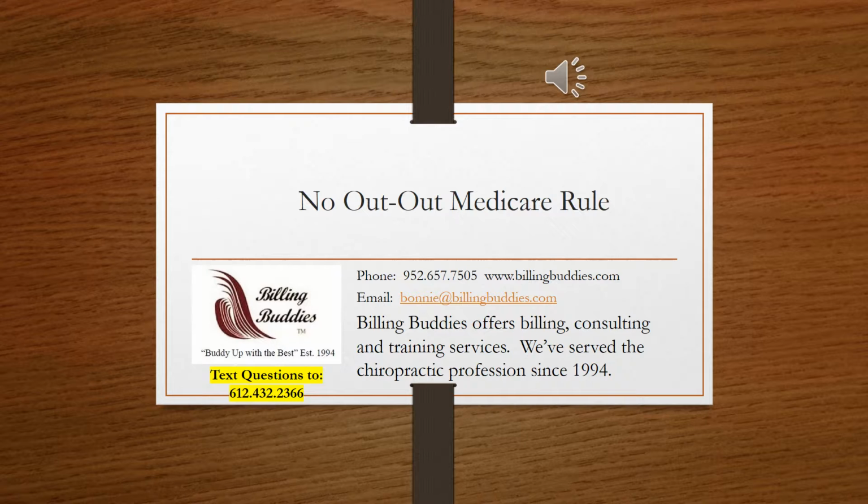The reason you can't treat a Medicare patient, even if they wouldn't qualify or they want to pay cash, is because they're covered under the federal program, and there could, under certain circumstances, be coverage. And a Medicare beneficiary, when they don't meet medical necessity, signs an ABN and has the option for the provider to bill Medicare.